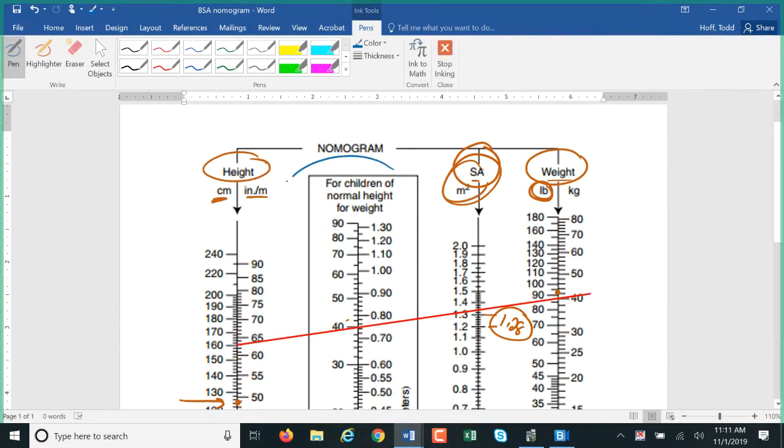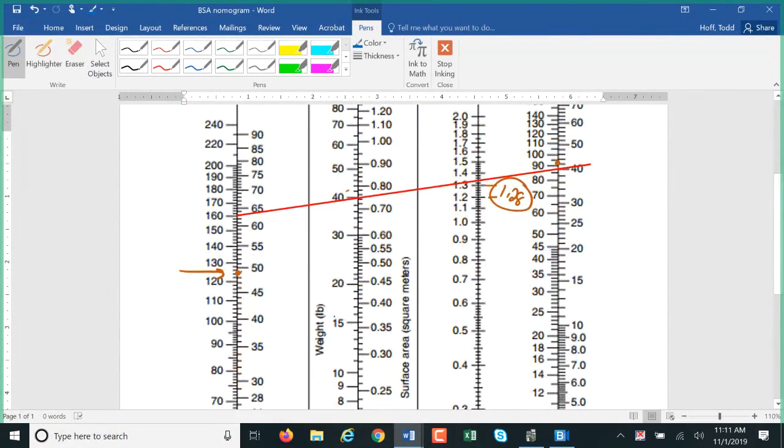Which brings us to this little inserted table in the middle here. It does have a use. That is for pediatric body surface area. Notice it says for children of normal height for their weight. So if they are height-weight proportionate, this can be used by simply using their weight in pounds to find their body surface area.